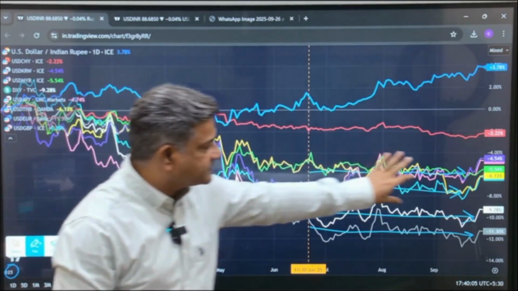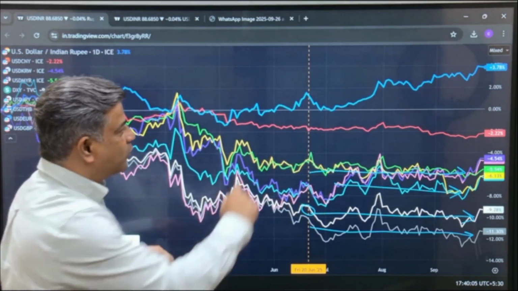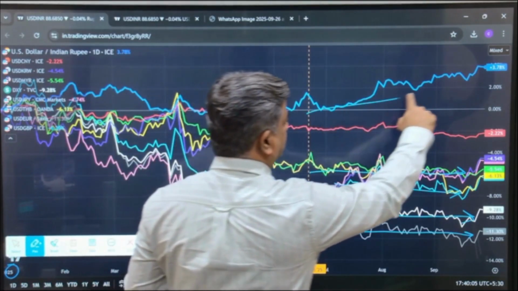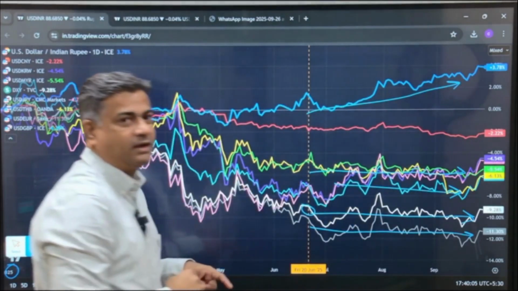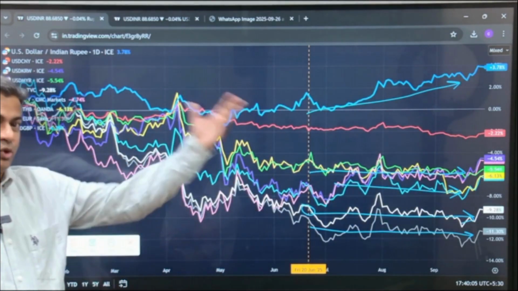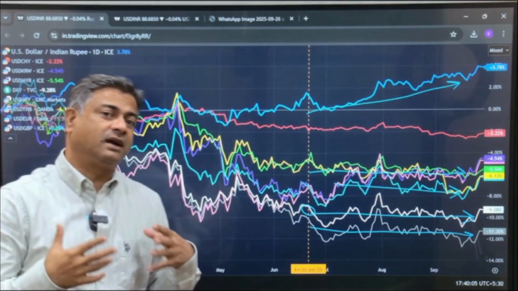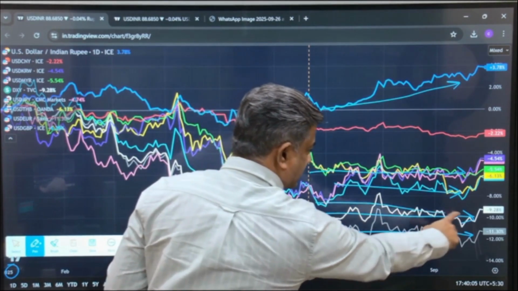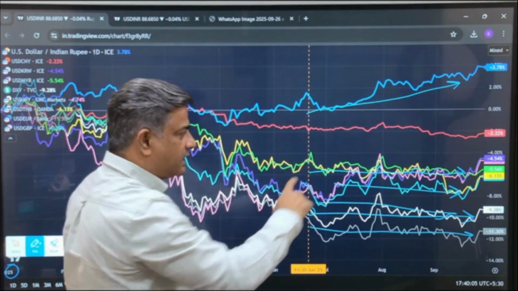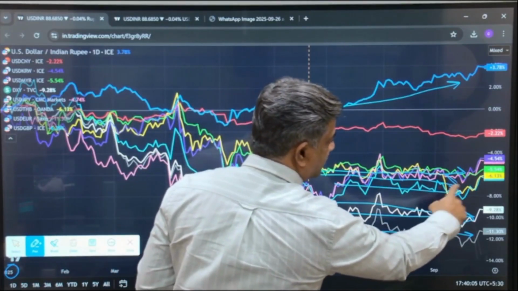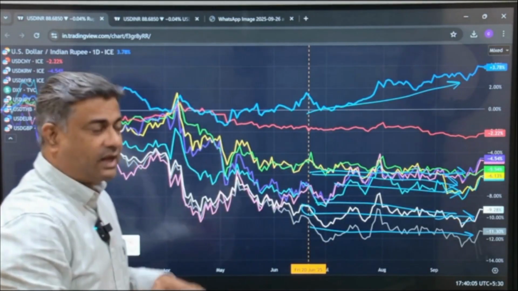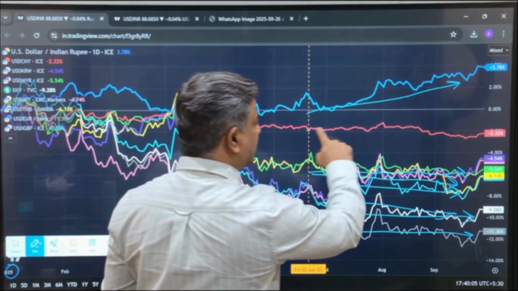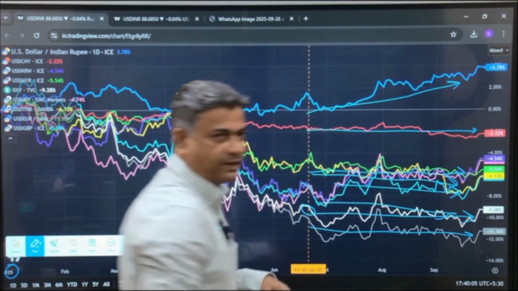All the Asian currencies are sideways, but look at what has happened to dollar INR. Dollar INR is going higher. What I showed you in the previous chart, the rupee is continuously under pressure, despite the fact that the dollar index has moved sideways, despite the fact that most of the Asian currencies are moving sideways, and also despite the fact that the Chinese yuan is sideways.